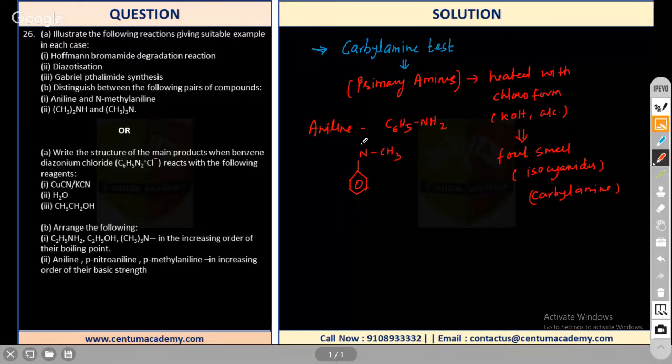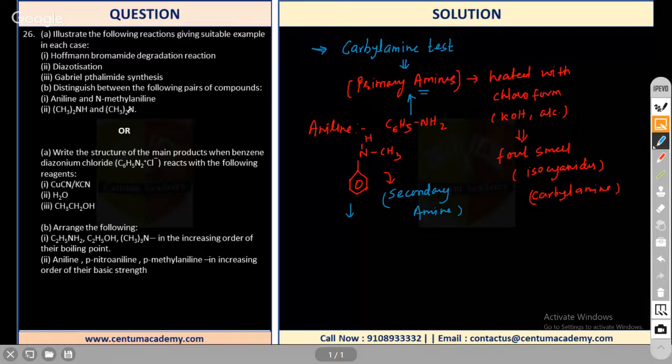This is N-methyl aniline. Correct? N-methyl aniline is a secondary amine. It does not give the foul smell in this carbylamine test, but a primary amine does. So this one is a primary amine, which gives this foul smell, and since N-methyl aniline is a secondary amine, it does not give this test. So the answer is, we can distinguish aniline and N-methyl aniline with this carbylamine test.